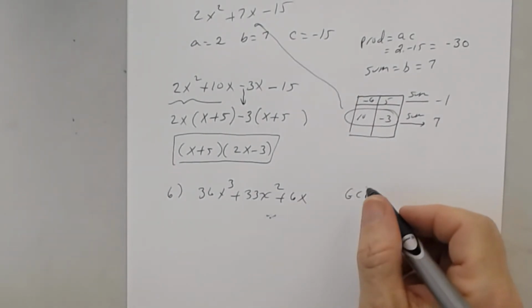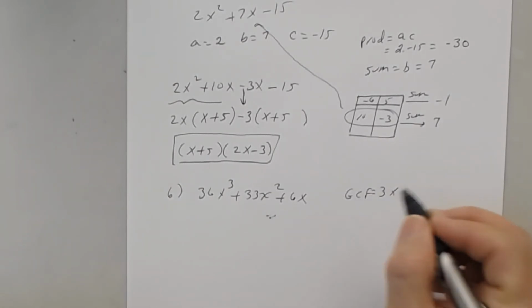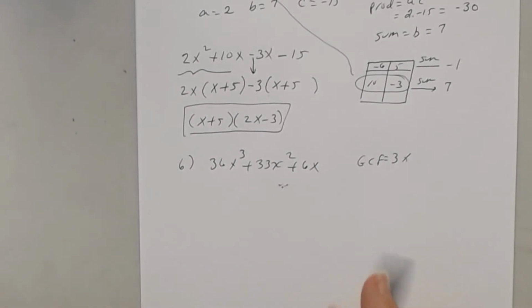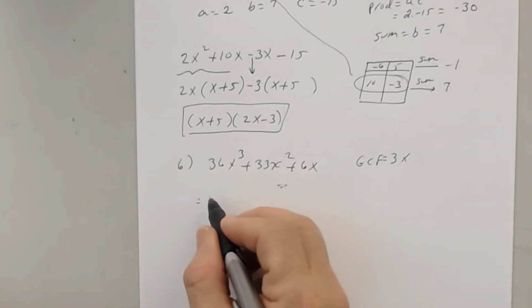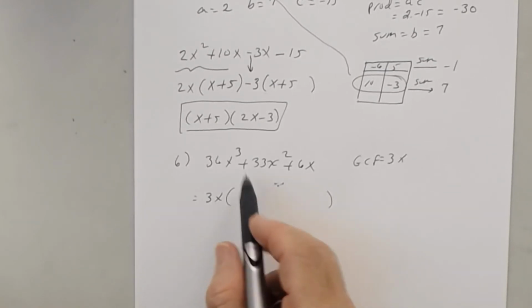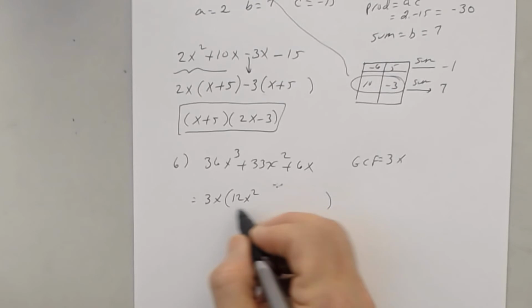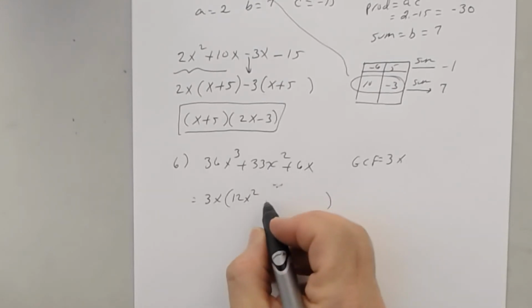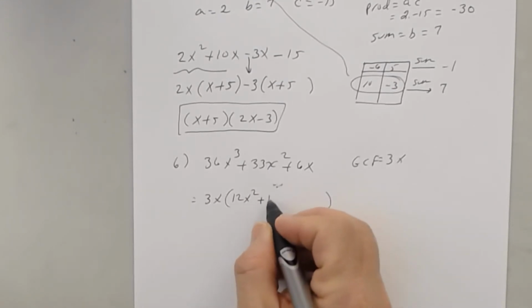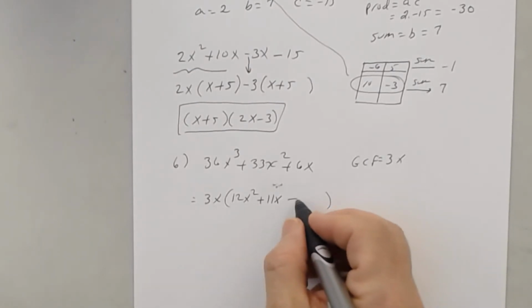No, not 6. 6 doesn't go into 33 evenly. 3x. GCF is 3x. So then you're going to factor out 3x. You get 3x times, what's going to be inside the parentheses? 3x times what? 36x cubed. 12x squared. 3x times what is 33x squared? 11x. Is that right? Yeah. And then 3x times what is 6x?